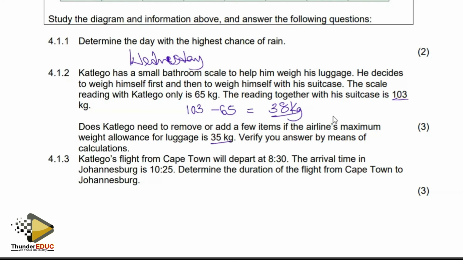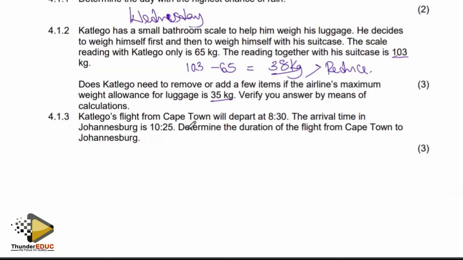If he has 38, he has to reduce. So he has to reduce on the items. Okay.